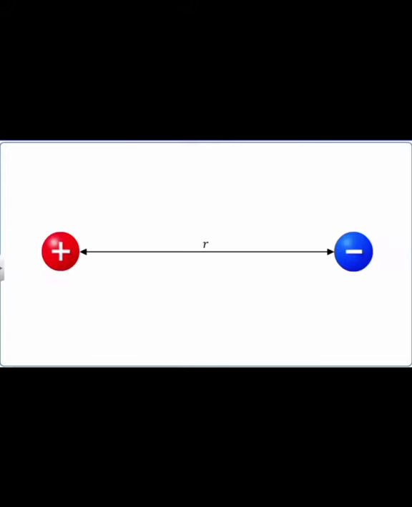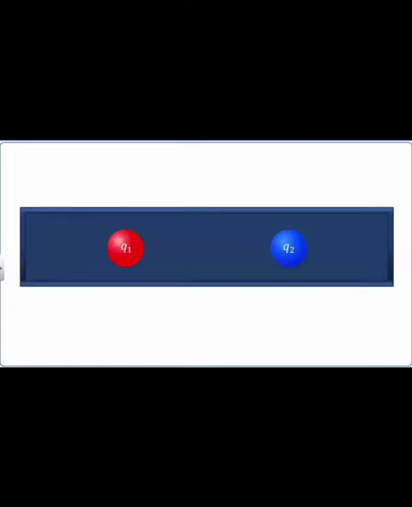Electric charge is a scalar quantity, which has only magnitude but no direction. Hence, the total charge on a body is equal to the algebraic sum of the individual charges given to it. Let us illustrate this with an example.